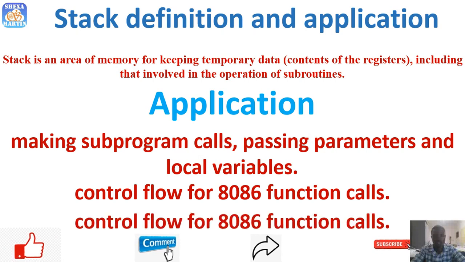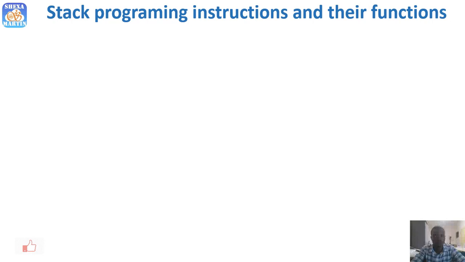So those are the two registers that are used to access the stack. The x86 stack can be manipulated explicitly via the SP register. A 16-bit stack pointer implements a stack to support subroutine calls and interrupts or exceptions.